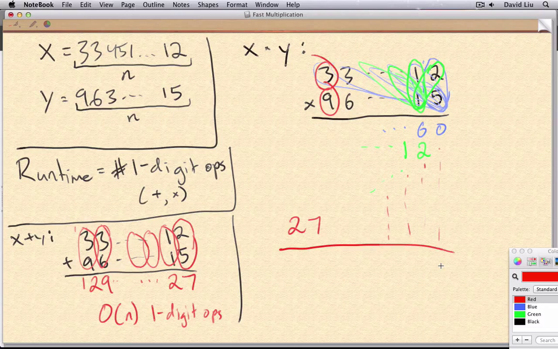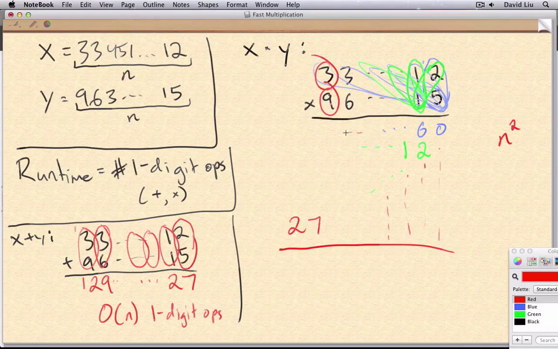If we look at just the multiplications, it's not hard to convince yourself that in fact there's n squared multiplications, because for every digit in y, we have to multiply it with every digit in x. And what about the additions at the end?